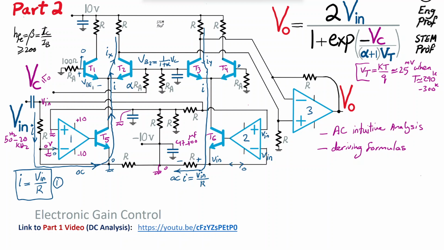And then from the base of T2, with the voltage VB2 related to VC with this equation, VC divided by 1 plus alpha, there is a plus minus VBE2 drop. And after this drop, we get to a common node, basically the shared emitter of T1 and T2.